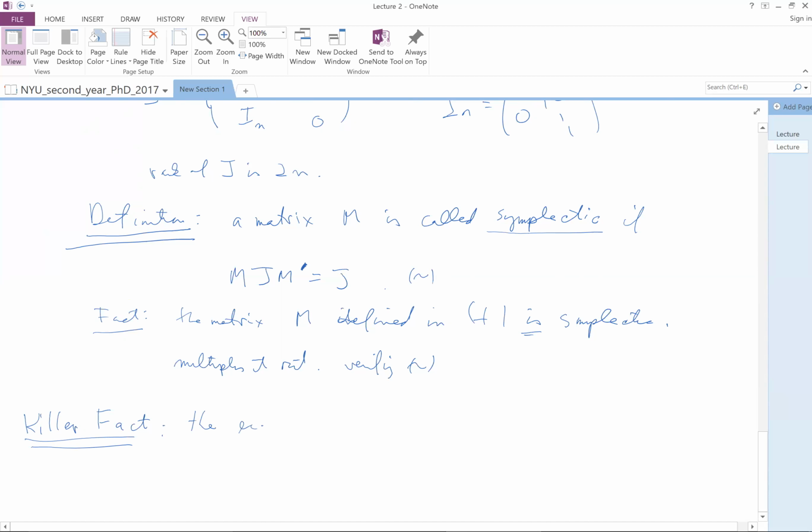The eigenvalues of a symplectic matrix occur in reciprocal pairs.